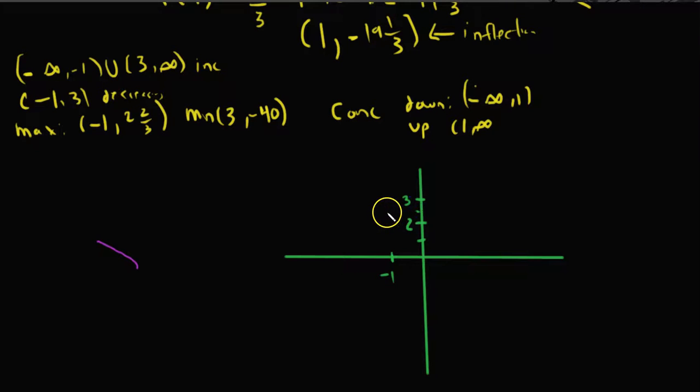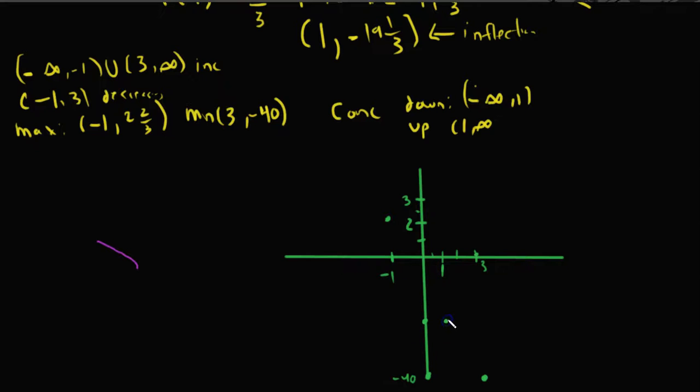So our max is going to be somewhere around here. And our min we said was 3. So let's go 1, 2, 3. And negative 40, we'll just say it's like all the way down here. So our min will occur at this point here. Our inflection point will occur at 1, and we'll say 19 over 3 is here.